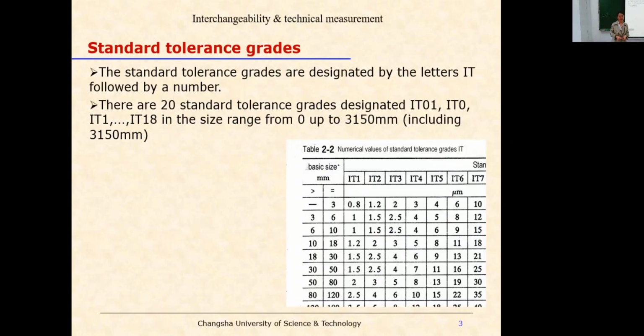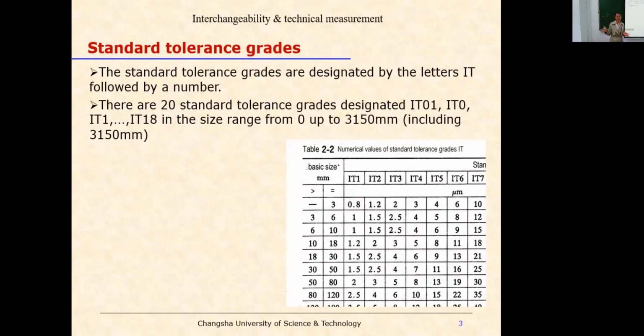So there are 20 standard tolerance grades designated IT01, IT0, IT1, continuing to IT18. So there are 20 standard tolerance grades, from IT01 to IT18.